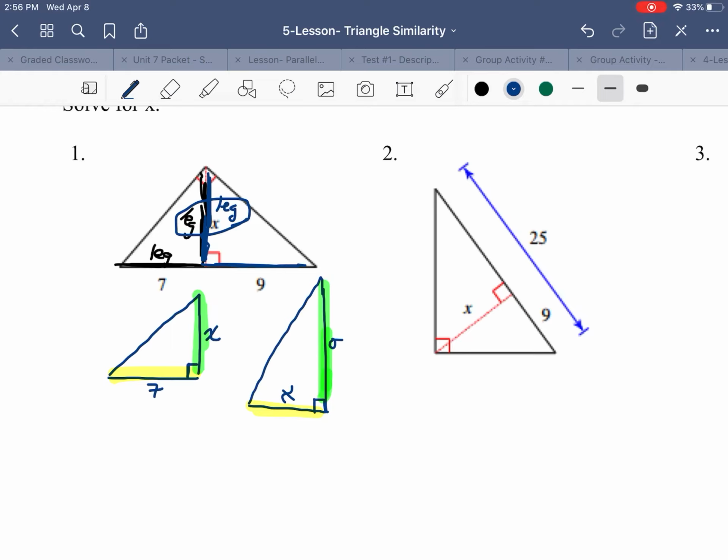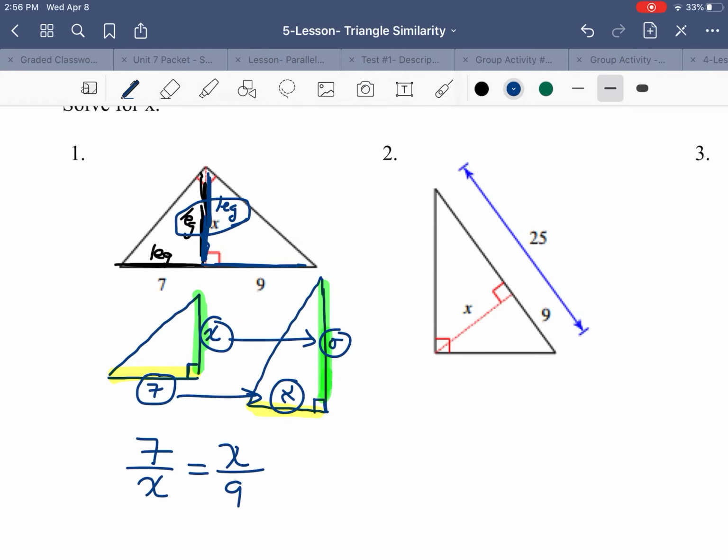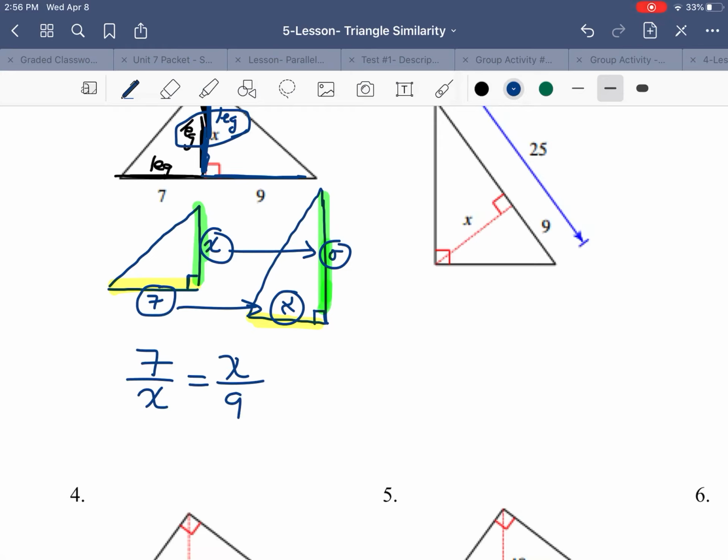When we're setting up a proportion, all we're doing is taking the corresponding sides and making a ratio out of them, 7 over x, and then x over 9.